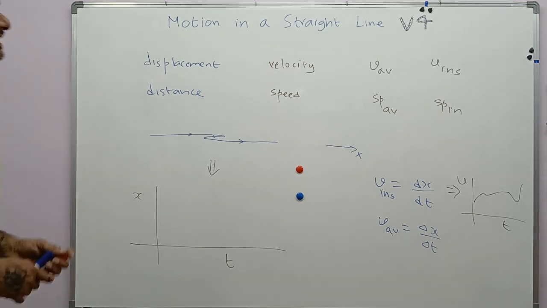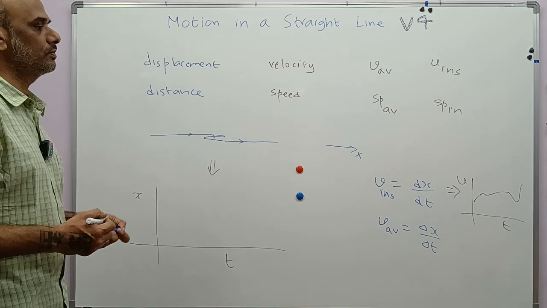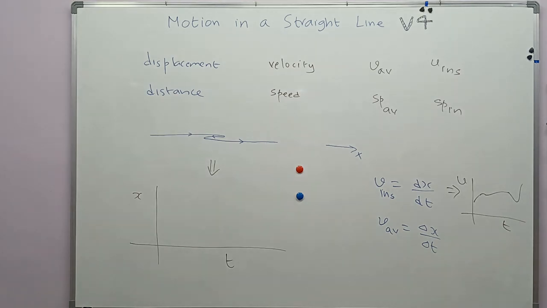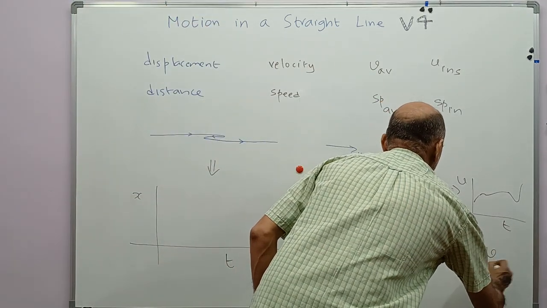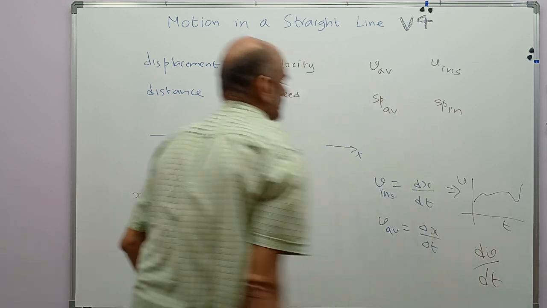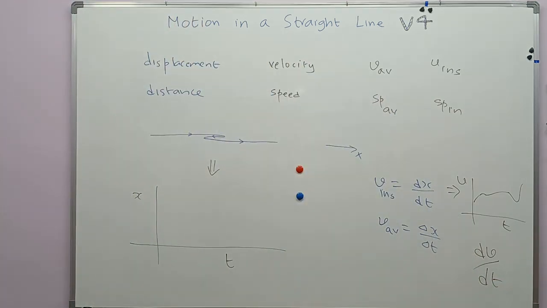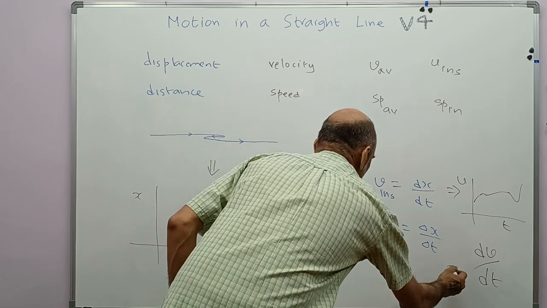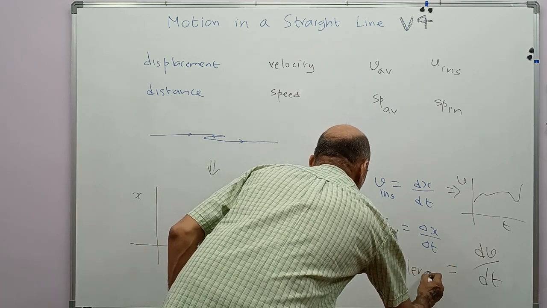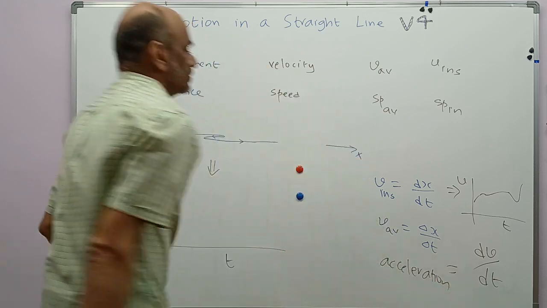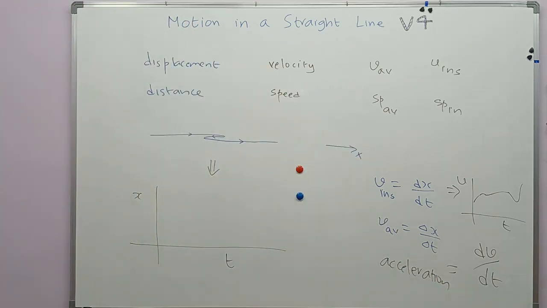So similar to dx by dt, we can also define how fast the velocity is changing with time. That is dv by dt. So this dv by dt is called acceleration, which we will be studying now.